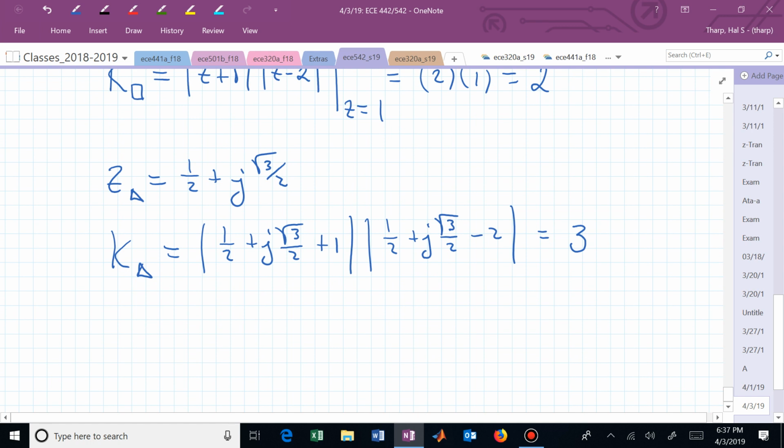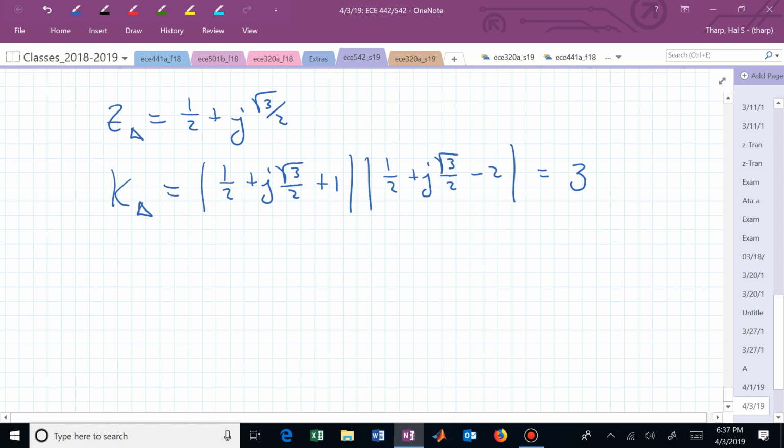So it doesn't matter which of those points. Usually you just know one of those maybe. So you might know, oh, I'm coming in at z equal to 1. Let me plug in z equal to 1. That's why I did that one. But either one, as long as you know where they both are, if they are corresponding to the same value of k, then it doesn't matter which one you use for z.